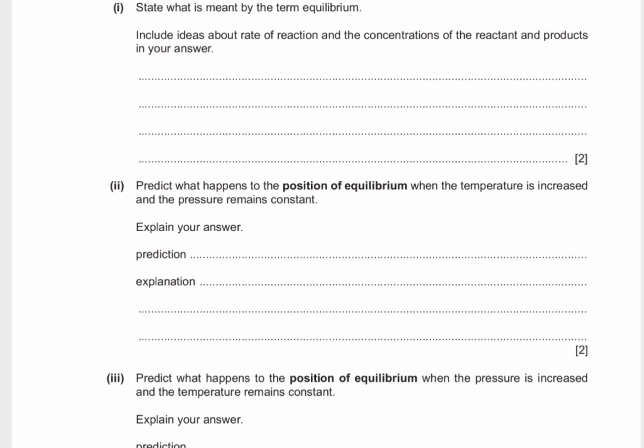If you increase the temperature, the extra energy will be absorbed by the system and it will move in the forward direction. So the answer here is it moves to the right side because the reaction is endothermic, and to maintain the temperature, the extra heat will be absorbed by the system. So it moves in the forward direction.